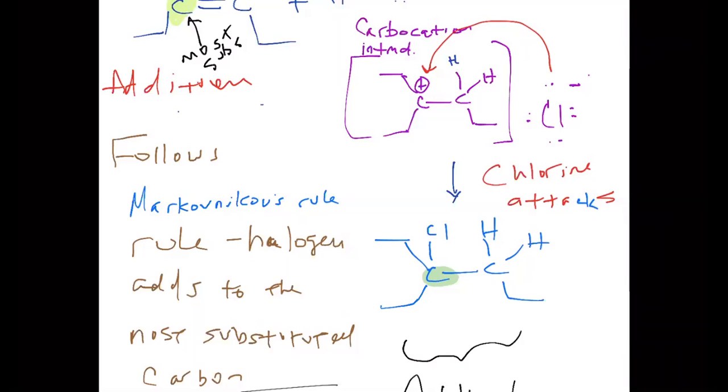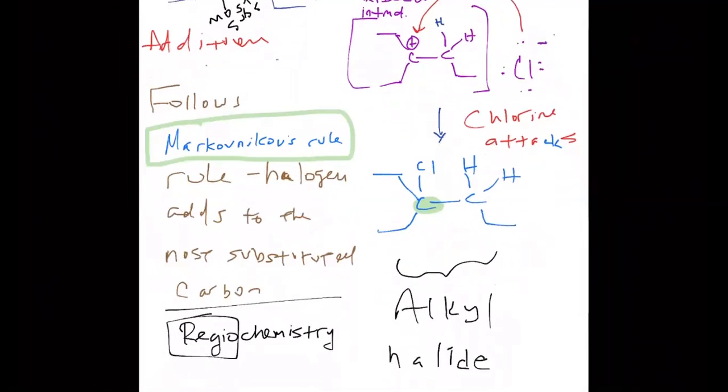You can use that to predict the outcome of the reaction. But based on Markovnikov's rule, the more stable carbocation is going to predominate, and that's where your chlorine, your halogen, is going to end up. Any questions about that?